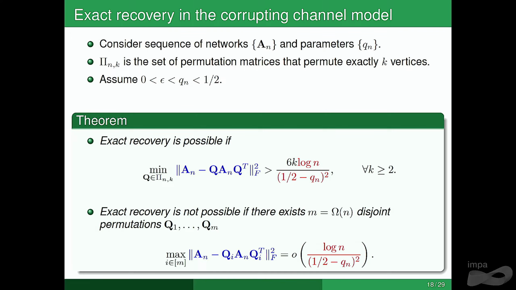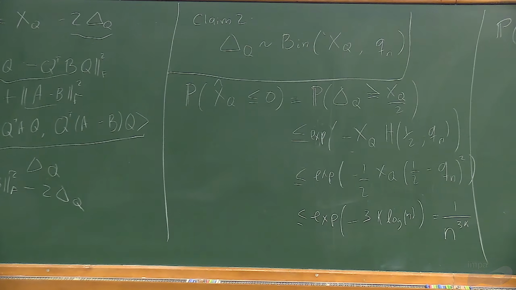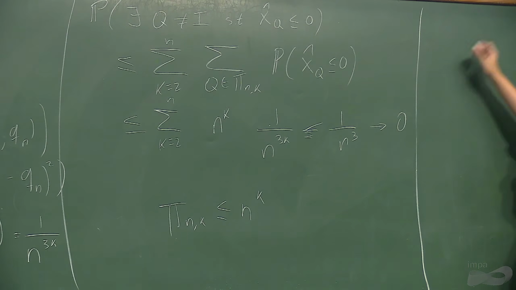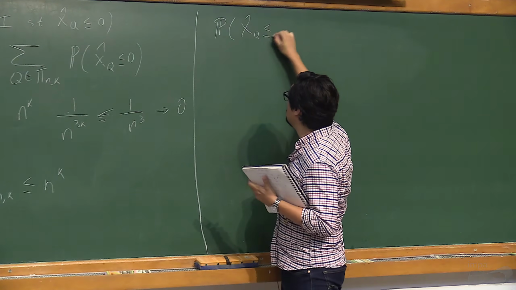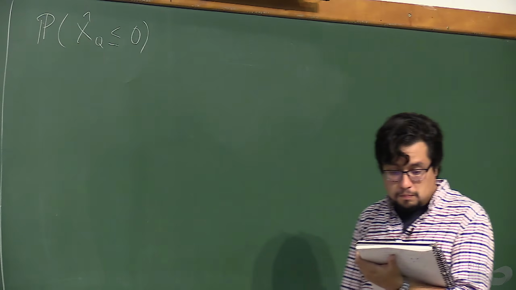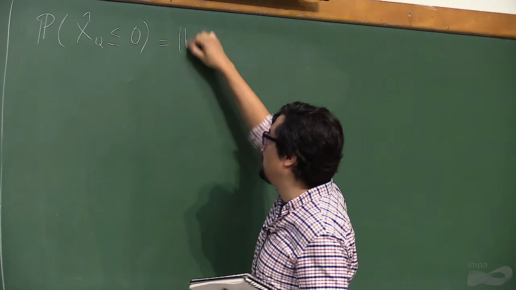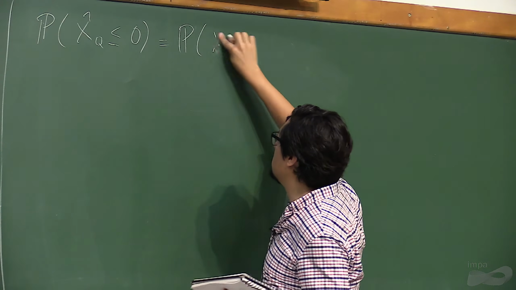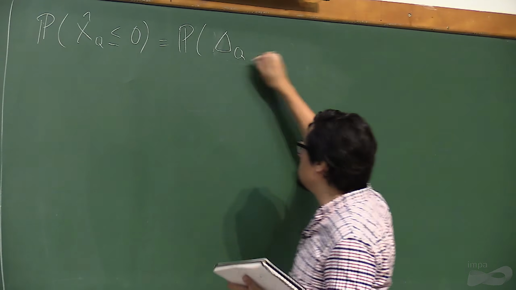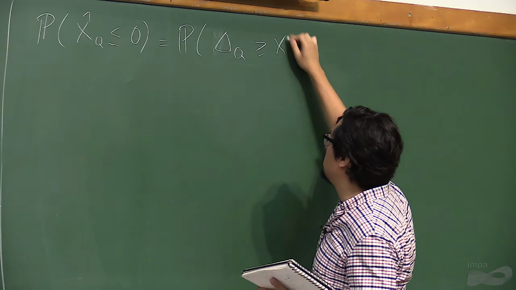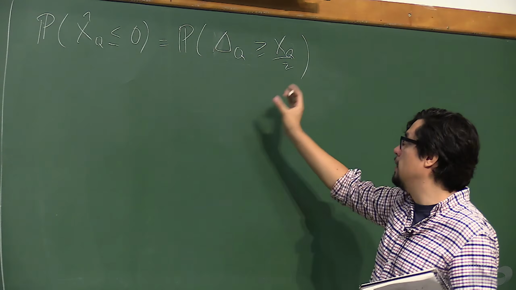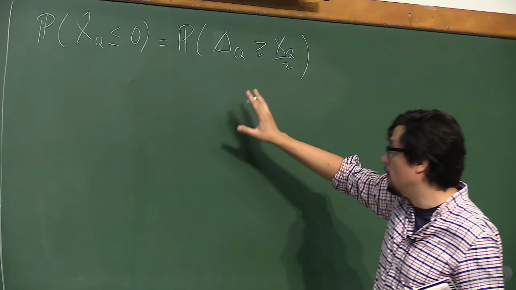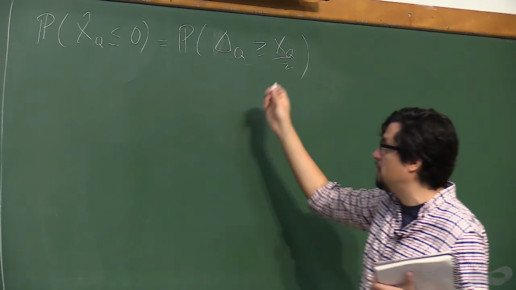So the idea here, once again, we need to look at this quantity, x hat q, because that tells us whether or not a given permutation q is correct. So we want to look at the probability that x hat q is less or equal than 0. Which, remember, this is a binomial random variable, delta q greater or equal than xq over 2. And the binomial is a sum of independent random variables.